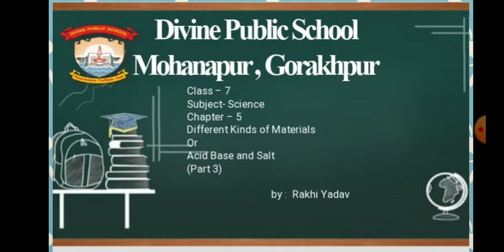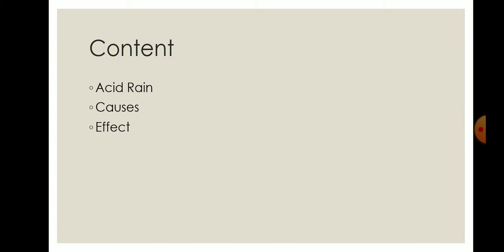So let's start. In this video you will learn what acidic rain is, and when you can say that any rain is acidic in nature. Then we will discuss the causes behind this acidic rain, and especially what your role is in having this type of rain.